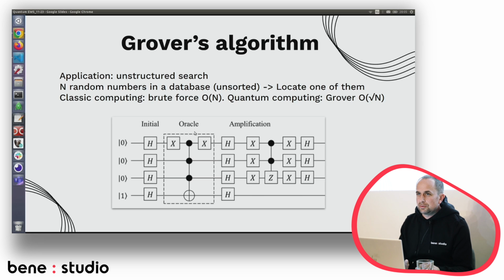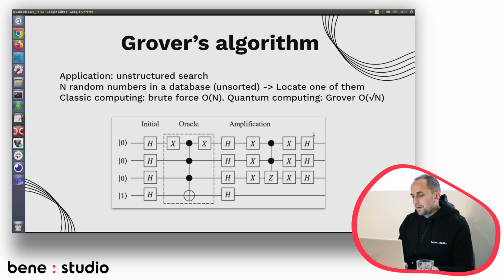The oracle should be a function, but in the quantum domain, so with quantum gates, which tells us whether the input is good or not. If it's good, it should say 1. If it's bad, it should say no. If we can create this oracle, then we are good to go.